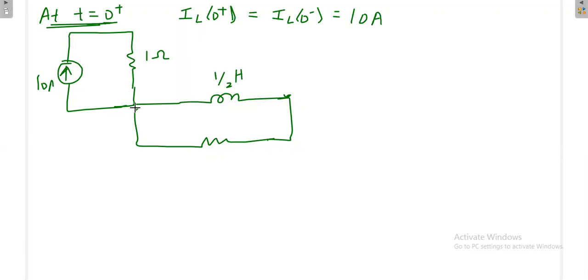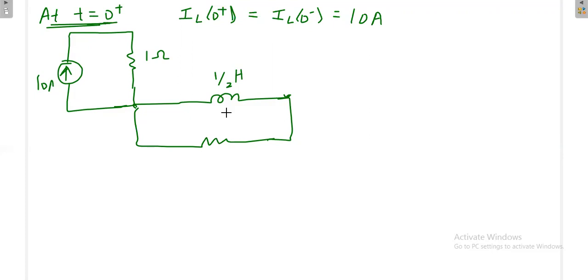Now, how to go about this one? Anybody? How to solve this circuit? Can I separate this circuit, or how to proceed further? Can I separate this circuit or not? If not, why? If yes, how?